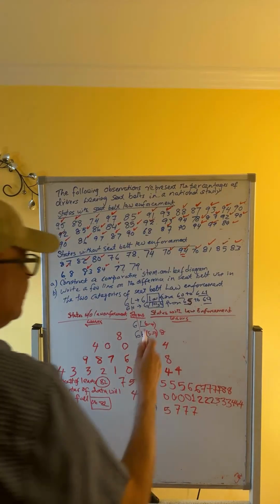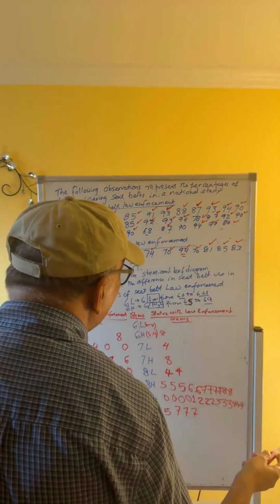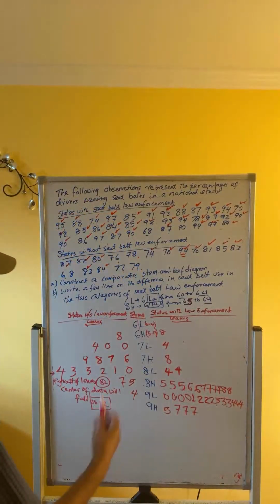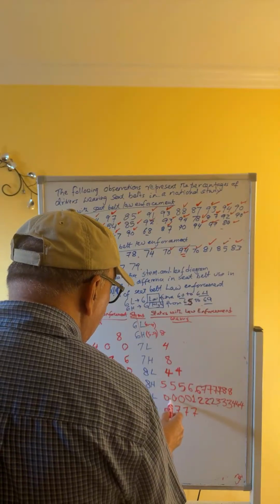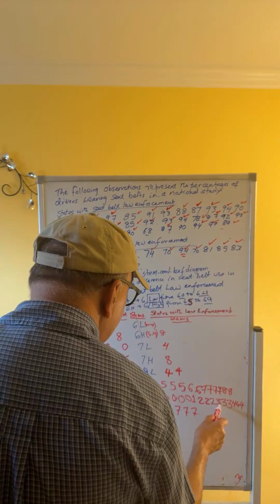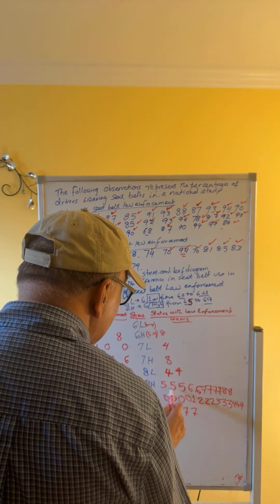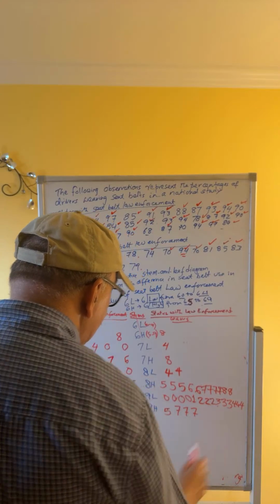However, if you look at the states with seatbelt law enforcement, you will see maximum number of leaves appear in 9 lows. 1, 2, 3, 4, 5, 6, 7, 8, 9, 10, 11, 12, 13, 14. And 8 high is 1, 2, 3, 4, 5, 6, 7, 8, 9, 10, 11. So this is the class.